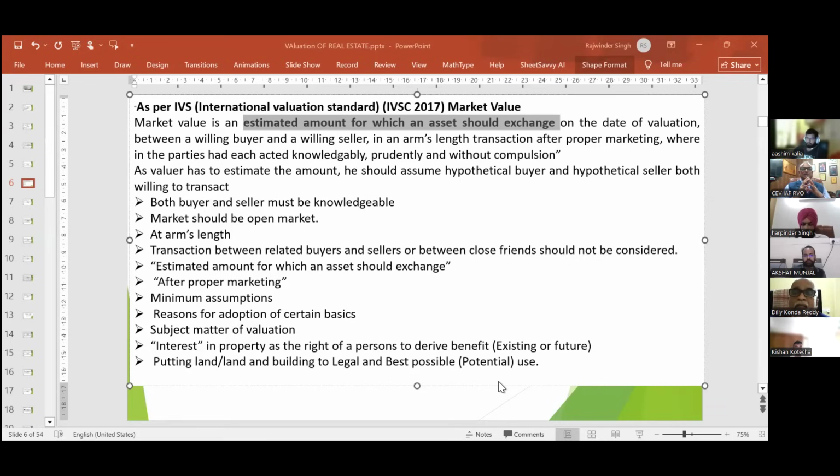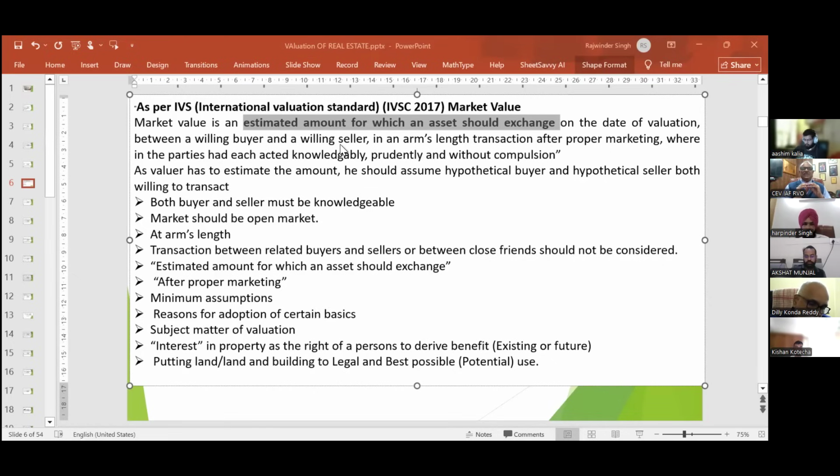Market value is an estimated amount for which an asset should exchange. An asset should exchange when? On the date of valuation. Between whom? Between a willing buyer and willing seller.